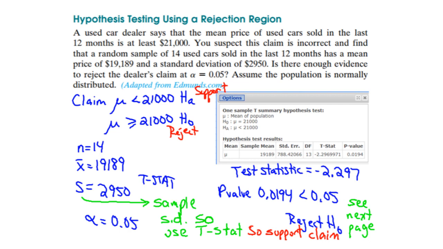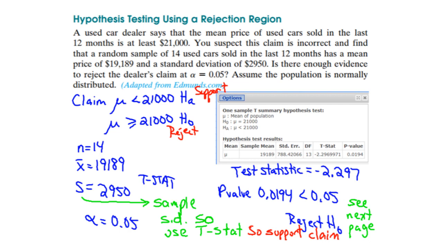For what the car dealership said, we've got mean greater than or equal to 21,000. That's the null hypothesis. The alternative hypothesis is that the mean is less than 21,000. And that's our claim because we suspect that the car dealership is wrong.